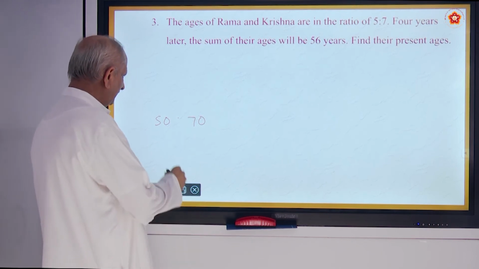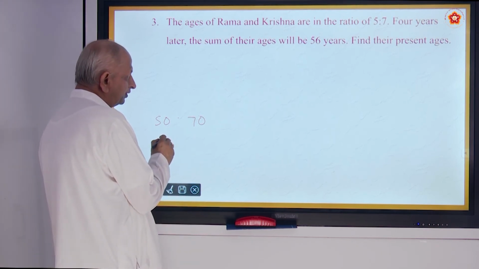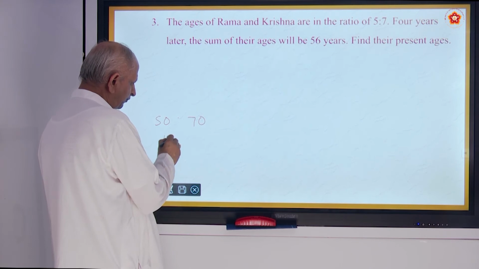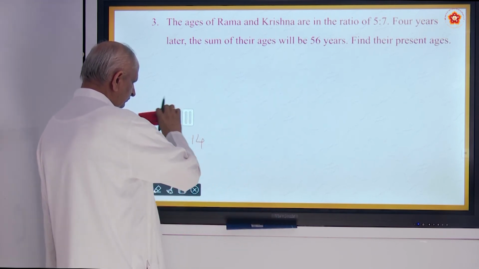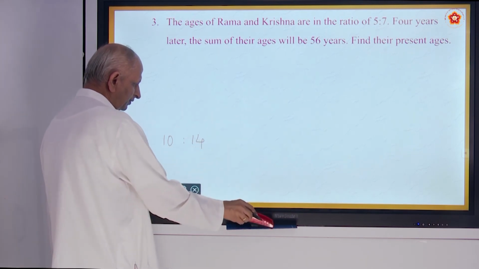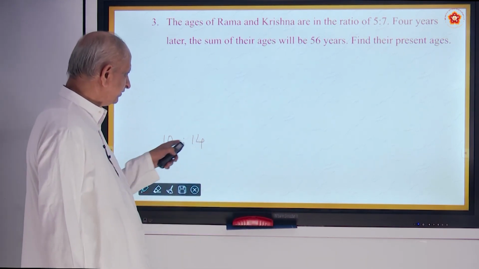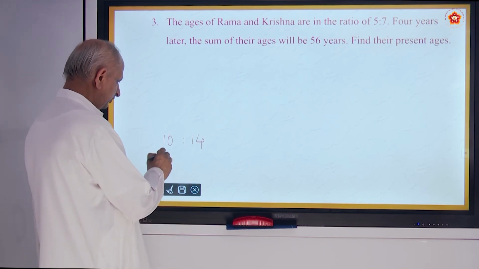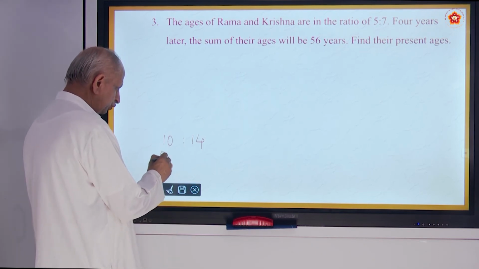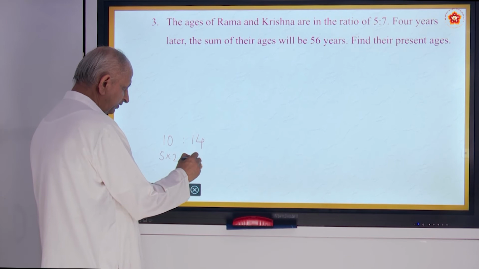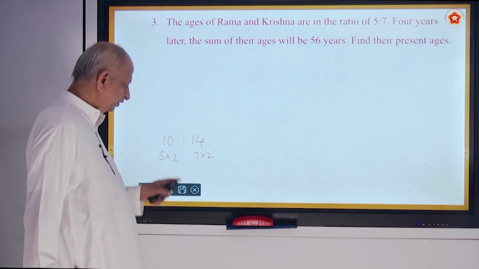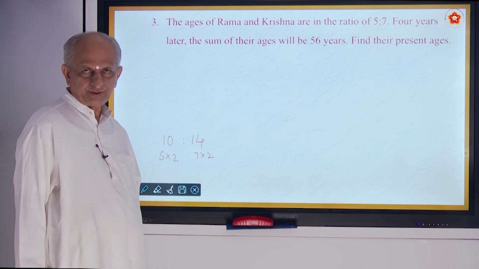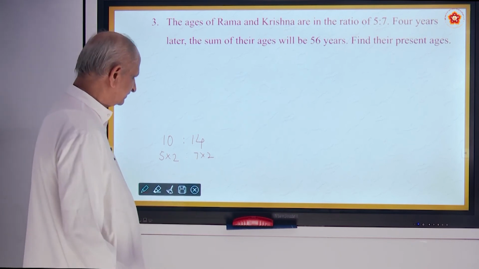So your age may be 5 twos are 10 and 14, one may be in 10th class or so. So 10 and 14 is a ratio of 5:7. How do you get 10? 5 into 2. How do you get 14? 7 into 2. So there is some factor, here 2, that we call x.